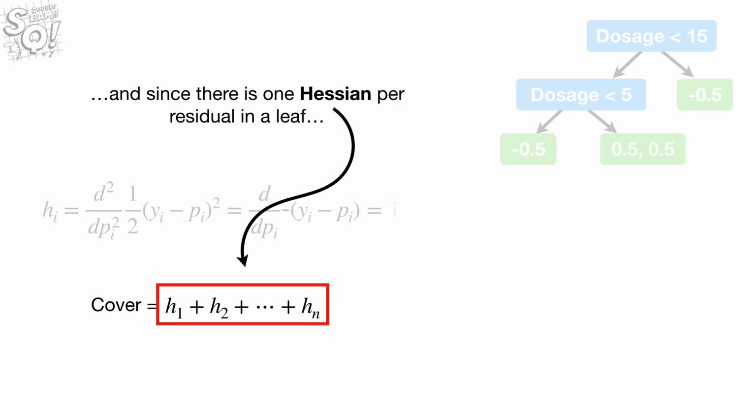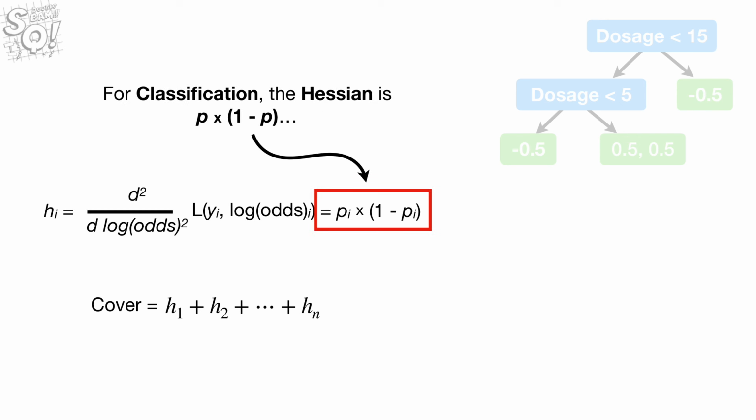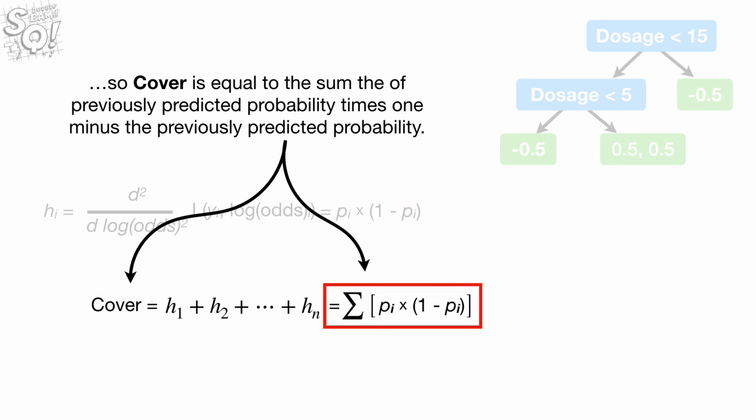And since there is one Hessian per residual in a leaf, cover, for regression, is simply the number of residuals in a leaf. For classification, the Hessian is p times 1 minus p. So cover is equal to the sum of the previously predicted probability times 1 minus the previously predicted probability.